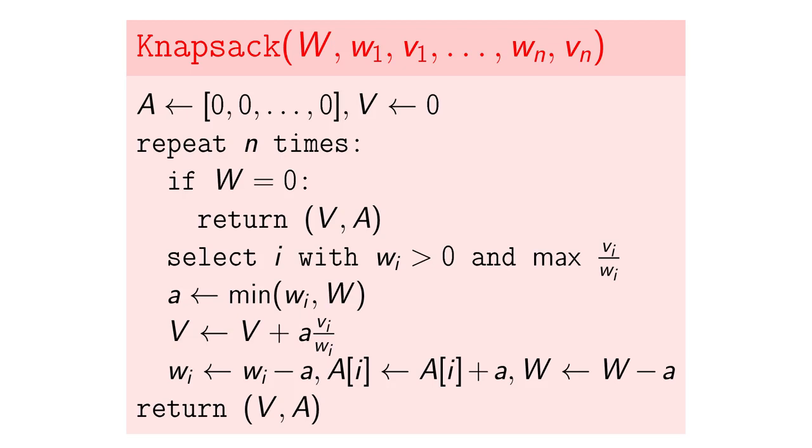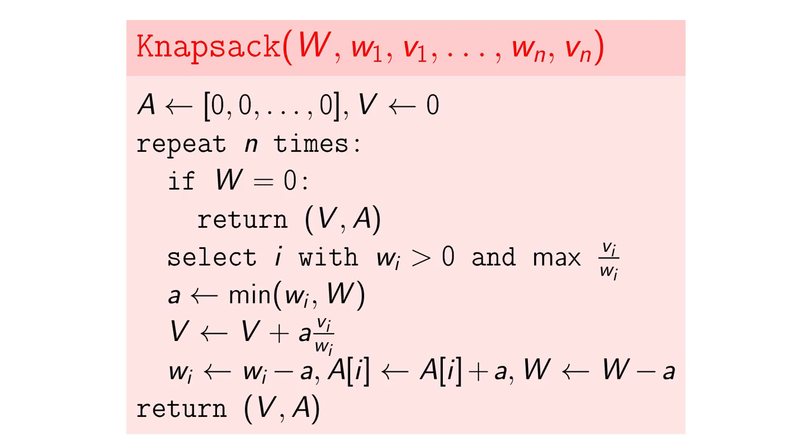If W became 0, it means that we should just return the total value and the amounts of the items that we took. Otherwise, we should select the best item. The best item is the item which is still left, so w_i is more than 0. And out of all such items, it's the item with the maximum value per weight, so the one which maximizes v_i over w_i.